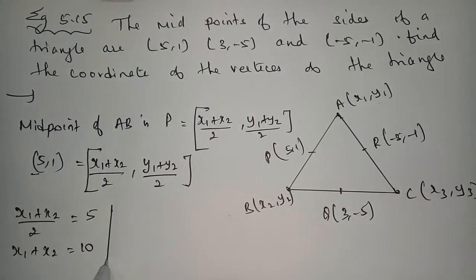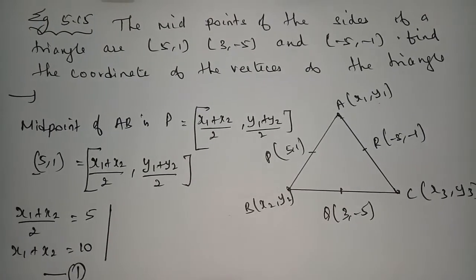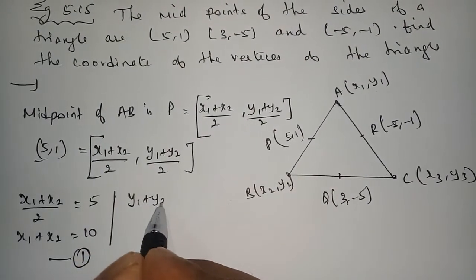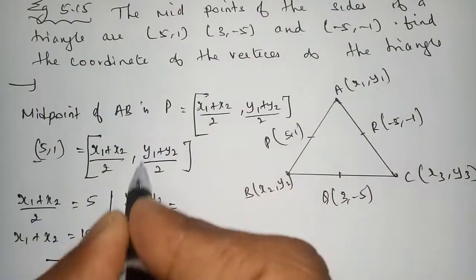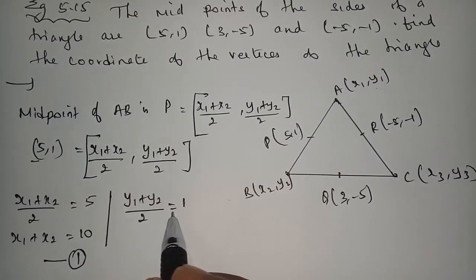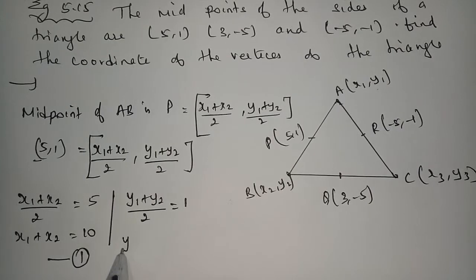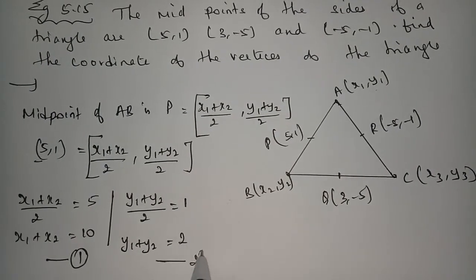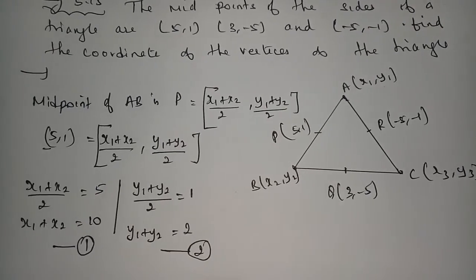This is our equation 1. Same thing, (y1 plus y2) by 2 is equal to 1. If you cross multiply, 2 ones are 2, so y1 plus y2 is equal to 2. This is equation number 2.